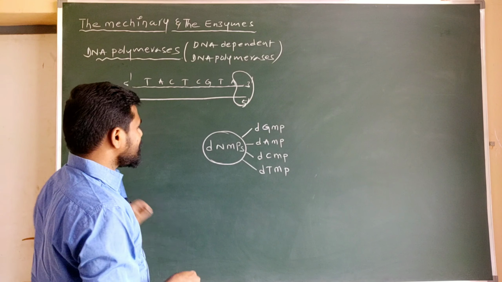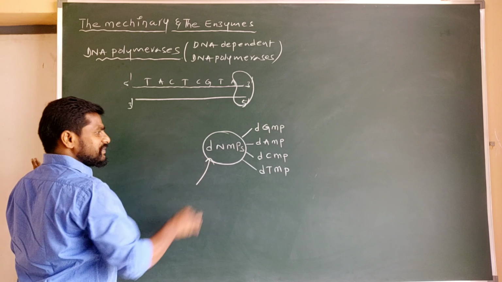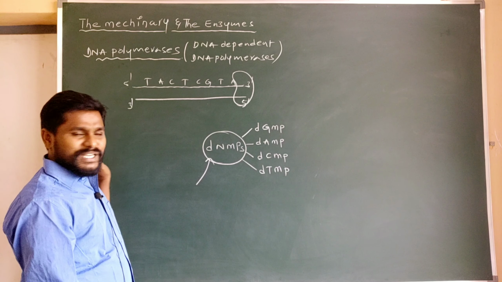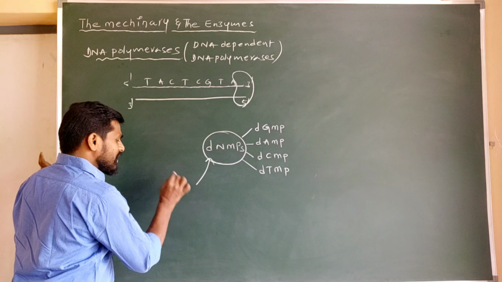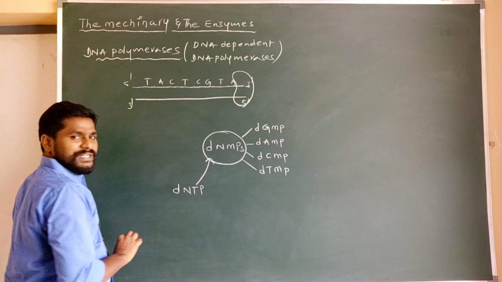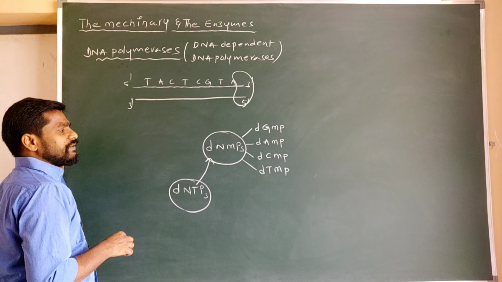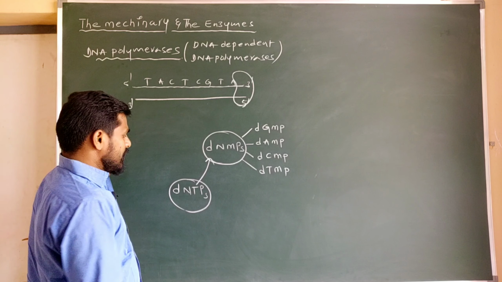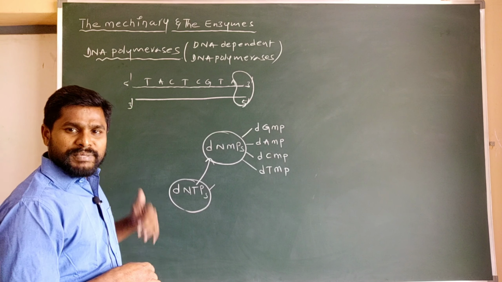Actually, this deoxyribonucleoside monophosphate comes from their precursors. The precursors of this deoxyribonucleoside monophosphates are deoxyribonucleoside triphosphates. As there are 4 types of nucleoside monophosphate, here also there are 4 types of precursors.